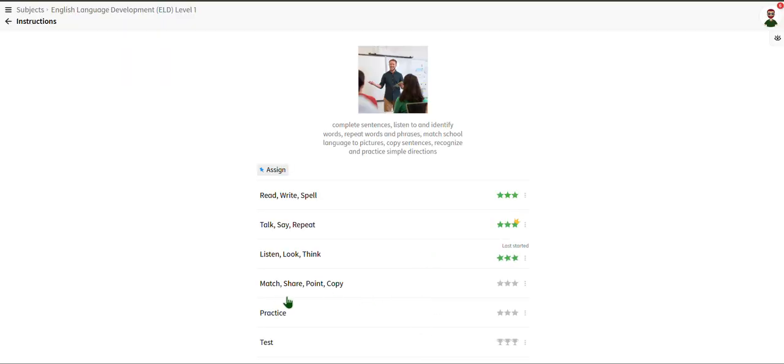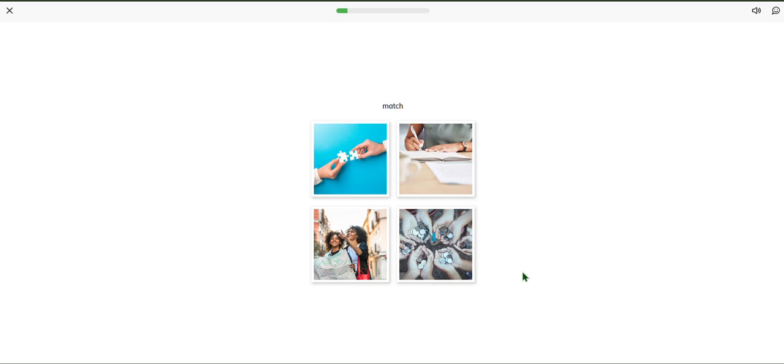Our last one is match, share, point, copy. Match. Share. Point. Copy. Match. Share.